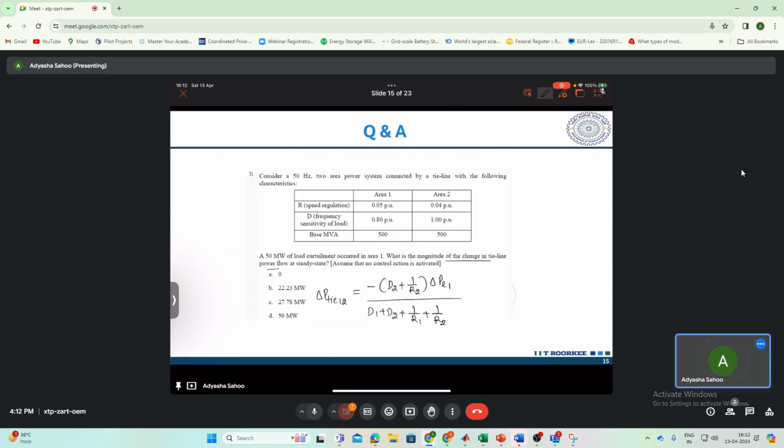If I put the values here, basically minus of area 2 is 1 plus 0.04, and this was minus 0.1 per unit. Delta PL1 is minus 50 megawatt, or minus 0.1 per unit, divided by this sum.